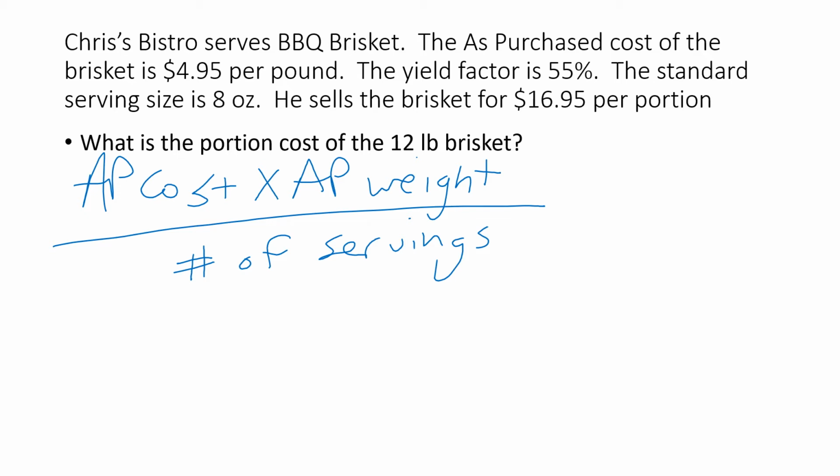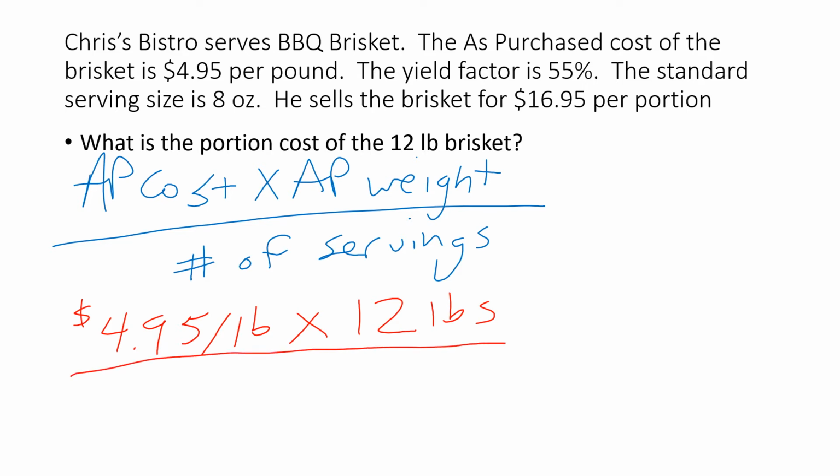Okay, so what is our as purchase cost? $4.95 per pound. We're going to multiply it by our 12-pound brisket, and then we divide it by our 13.2 servings. So what I would recommend is you go ahead and write everything out. Y'all remember back in math class where we wrote the whole thing out and then you do a little equal sign? Y'all remember this?